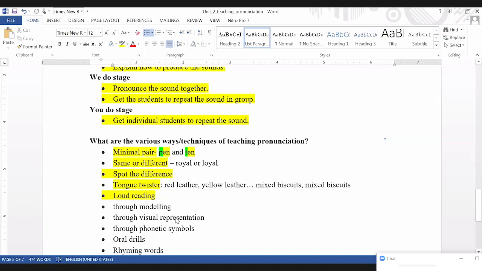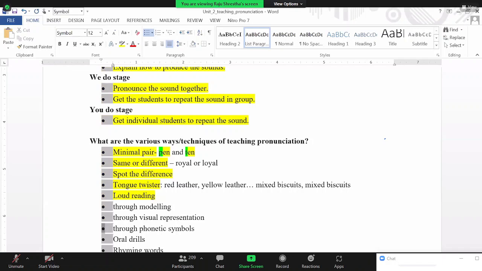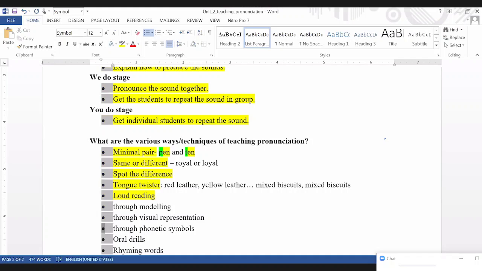And modeling: the teacher models through visual representation, which means the teacher shows the symbols, and organs of speech also. Then through phonetic symbols, we put some kind of symbol on the stress level, and no symbol on the unstressed.